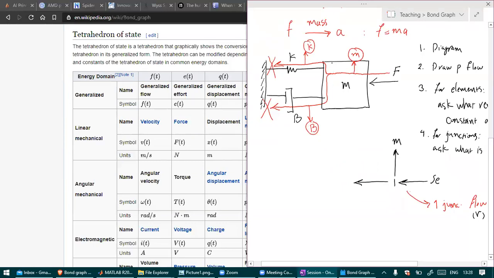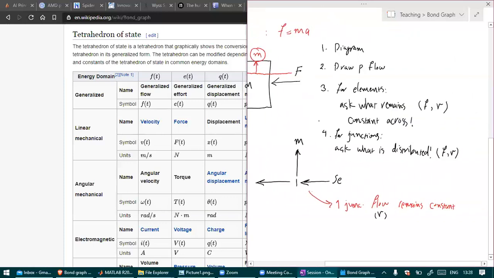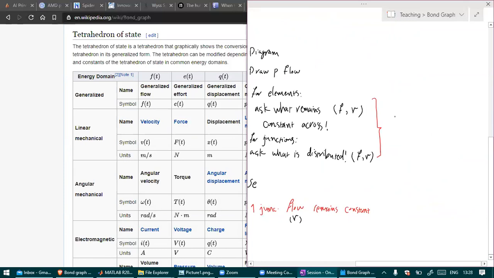Every junction that you see is a junction in the bond graph as well. Okay, so I can say that both will be junctions in bond graph.